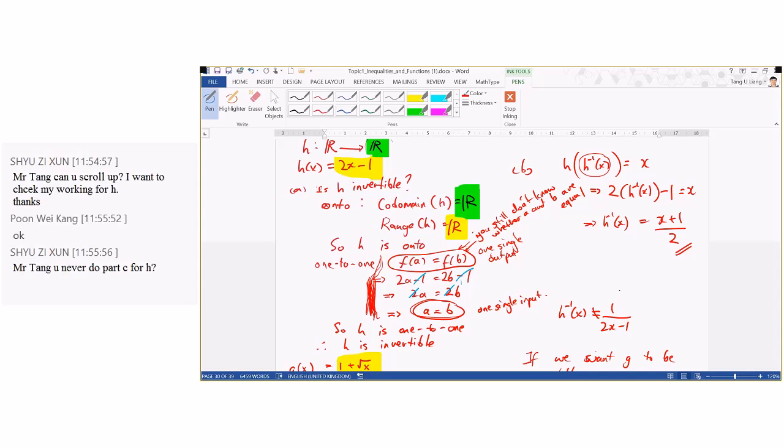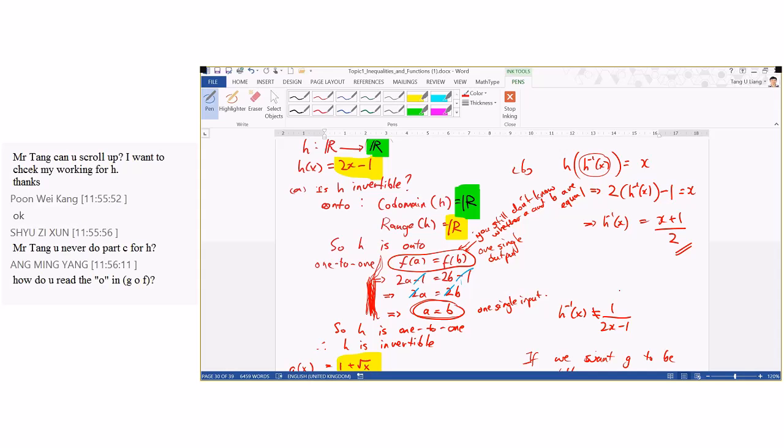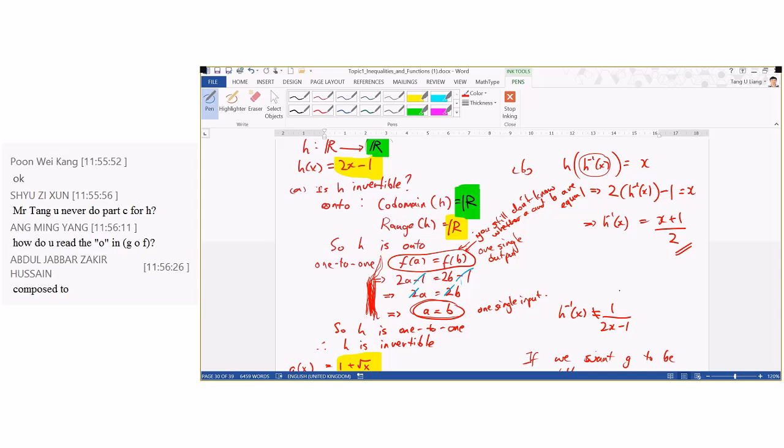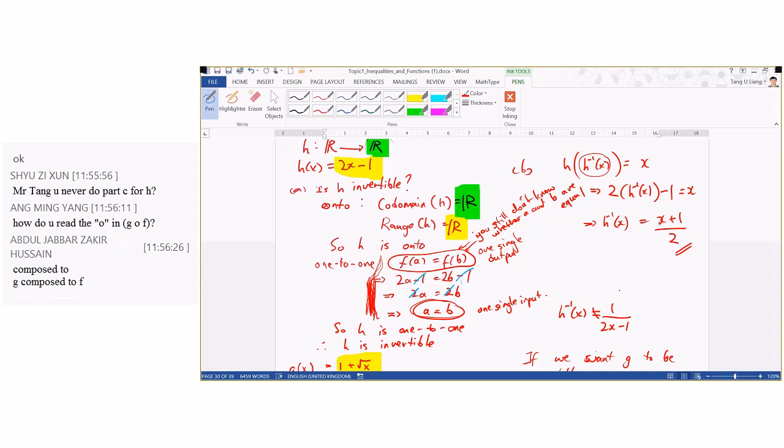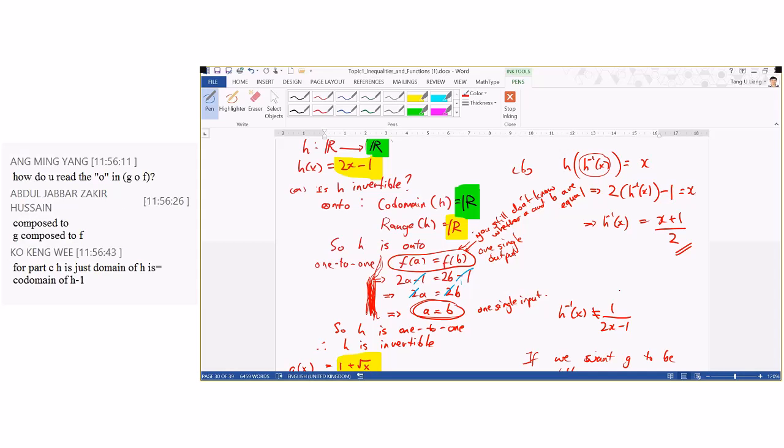H, you don't really see the difference because everything is all the same.